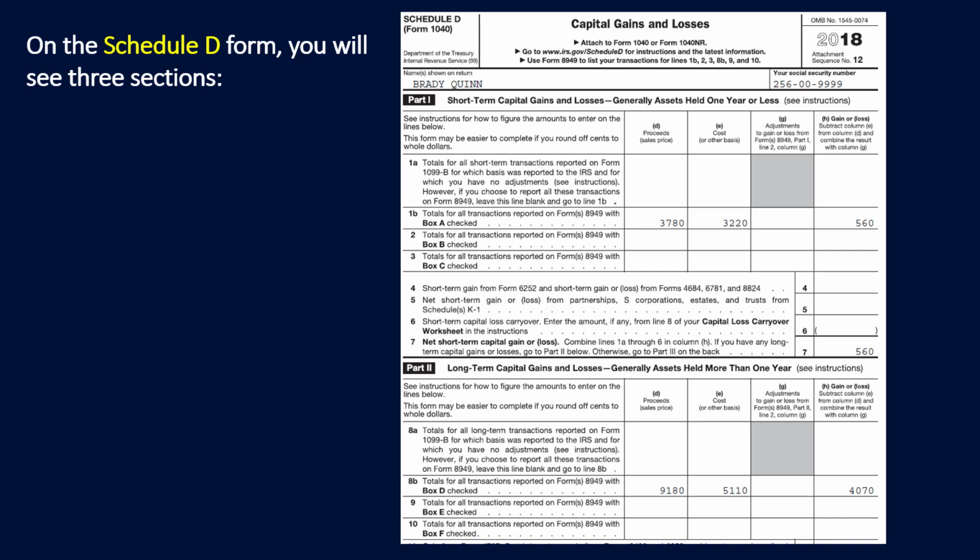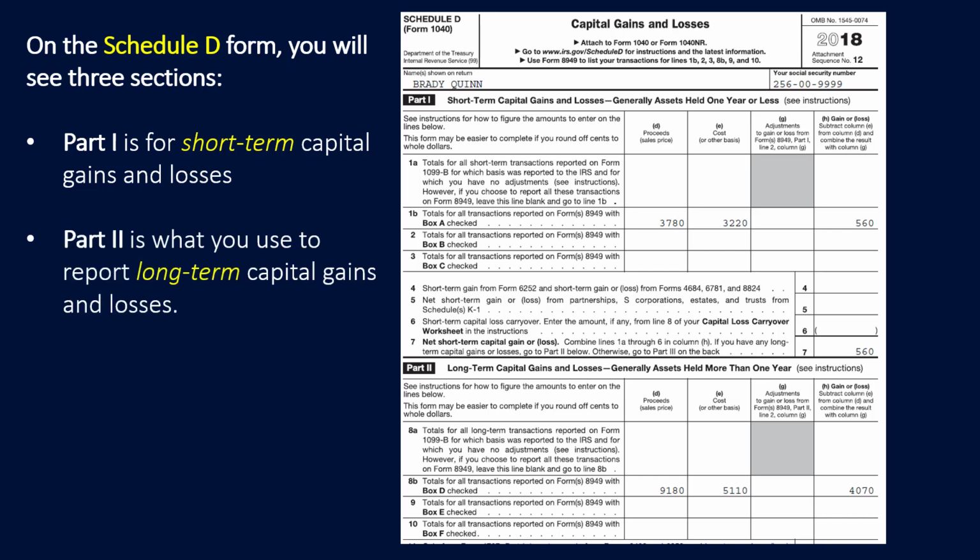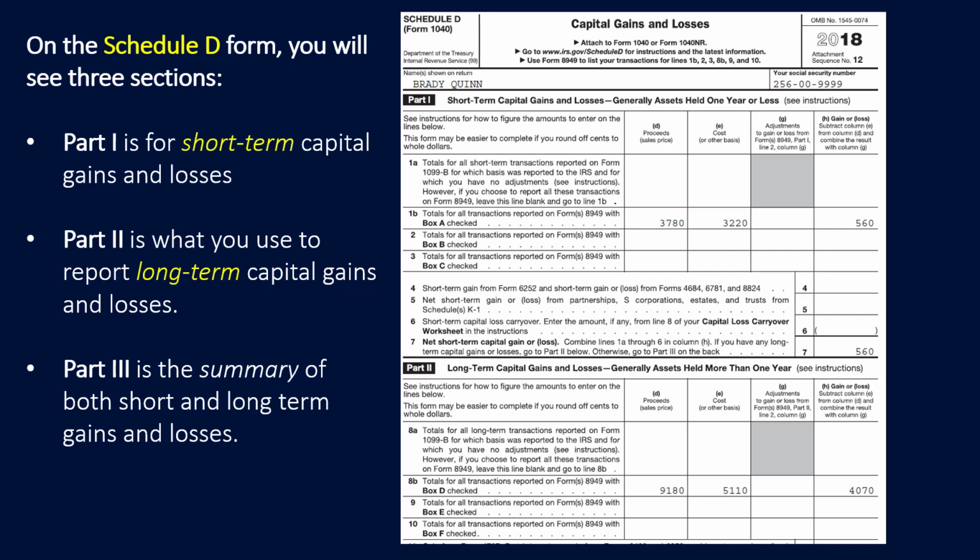Now on the Schedule D, you'll see 3 sections. Part 1 for short-term capital gains and losses. Part 2 is what you use to report long-term capital gains and losses. And Part 3 is the summary of both short and long-term gains and losses.